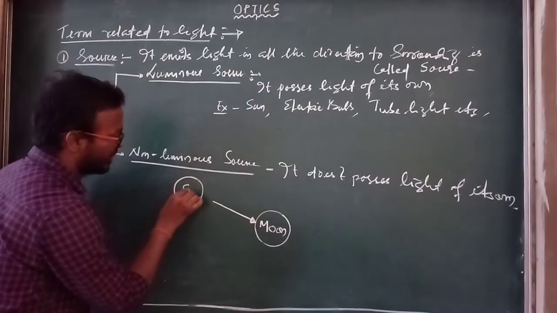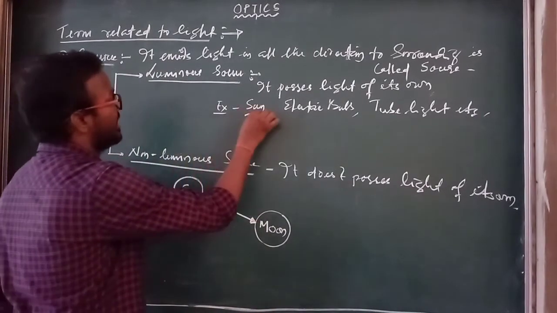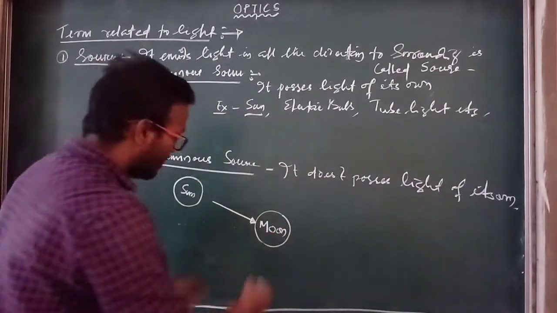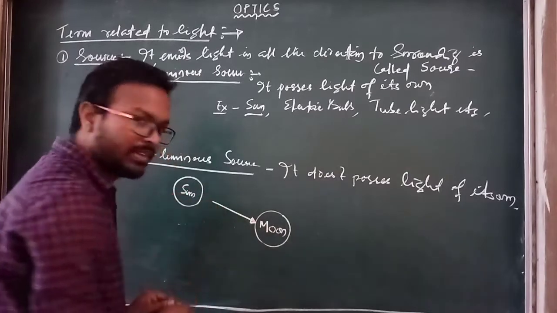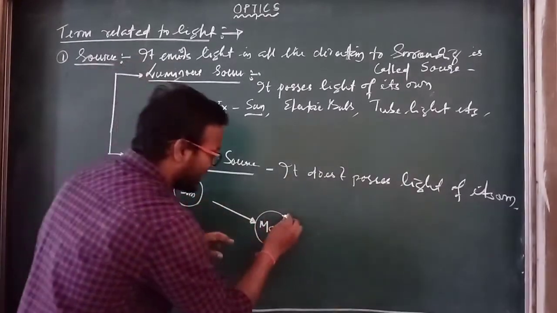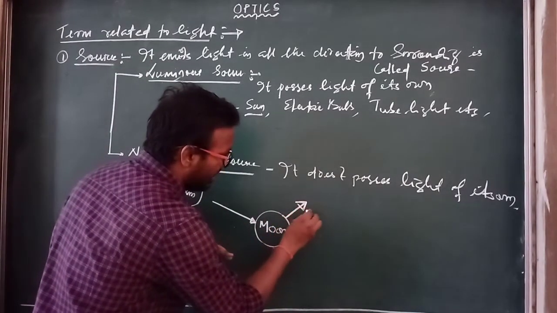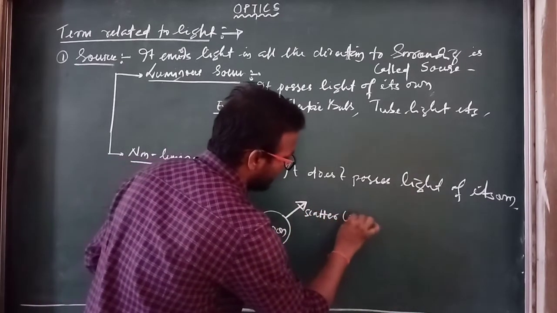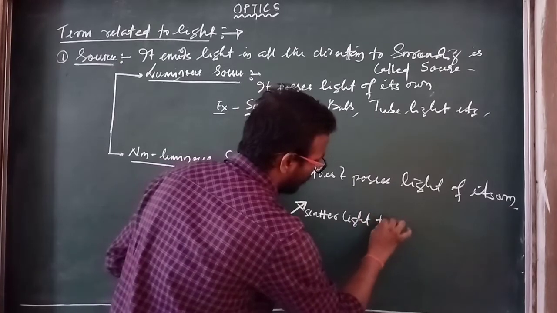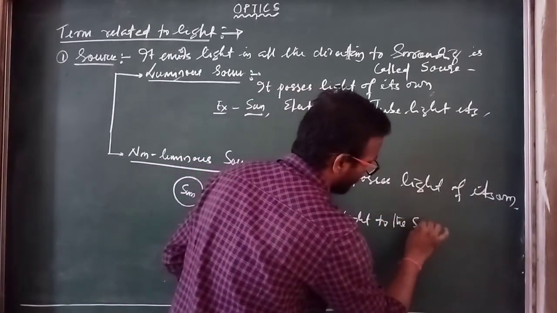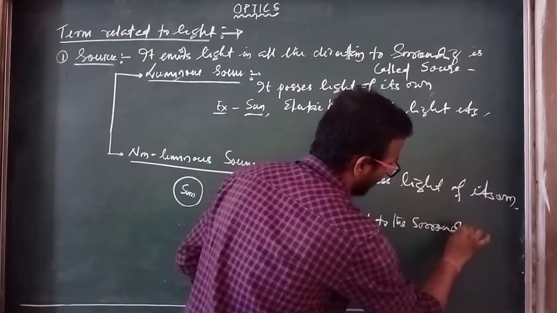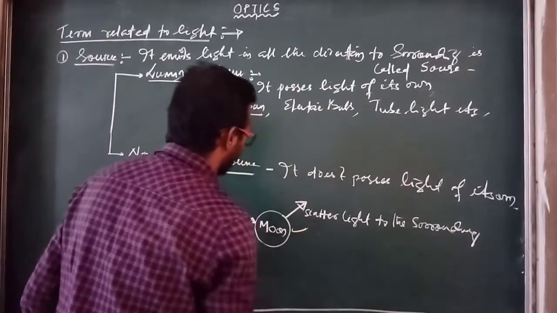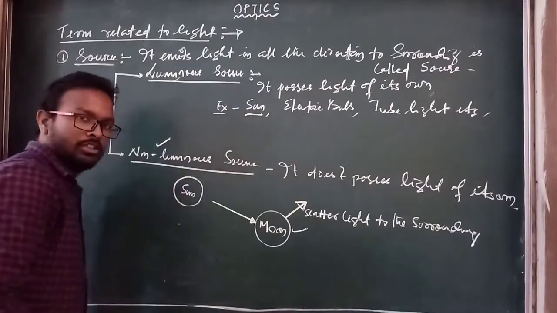The sun is a luminous source, but the moon is non-luminous. The moon receives light from the sun and scatters it to the surrounding medium. So the moon is known as a non-luminous source.